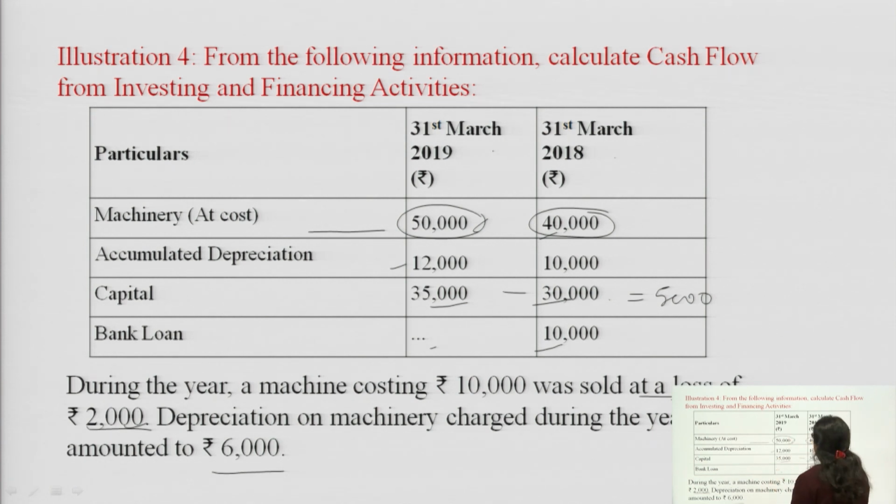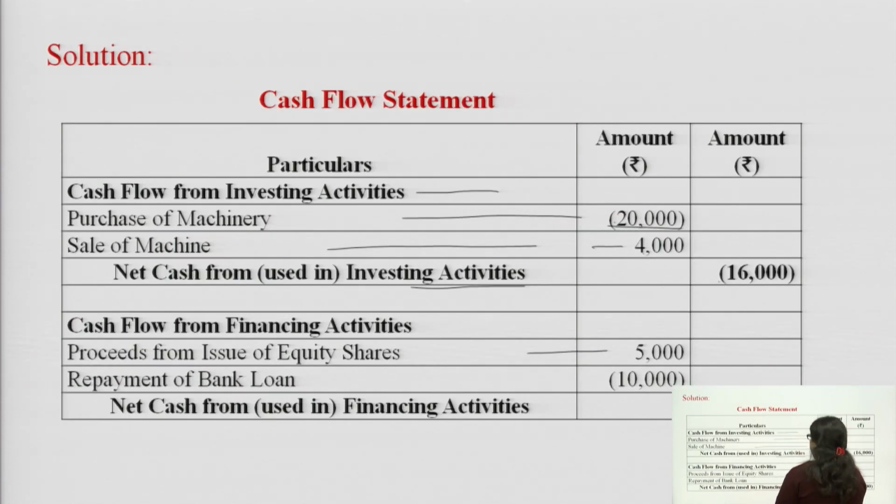In the bank loan, earlier it was 10,000, now there is no loan, so it means repayment has been done. By making the payment, it is the outflow, and this is your inflow. So, net cash from the financing activity will come out as minus 5,000.